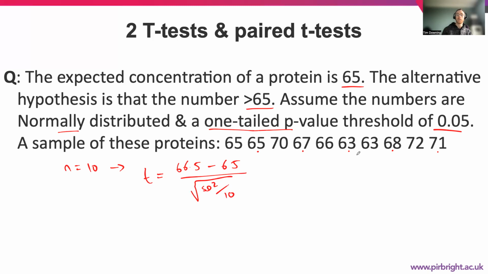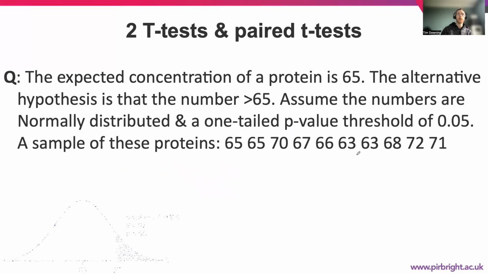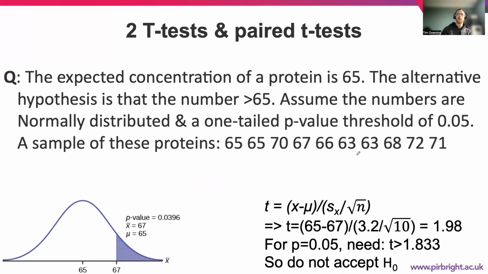So that's our formula. If we look on the next page at what that would be, we have 65 minus 67, where 67 is our sample mean. We're over here on the right-hand side. Then we have the sample variance, 3.2, divided by the square root of 10. And that's the t-value we get at the end.